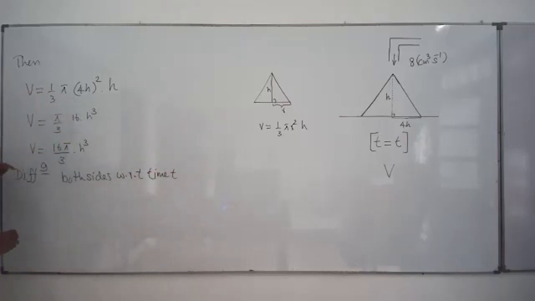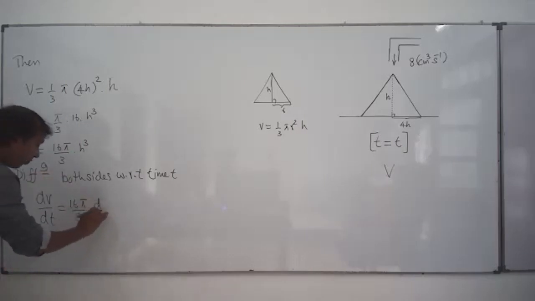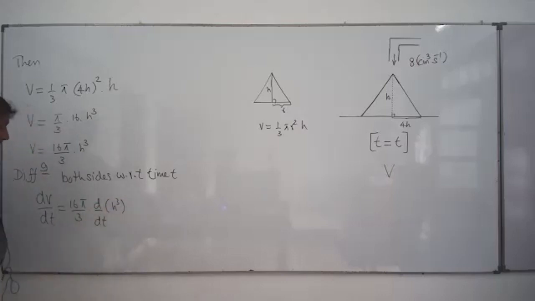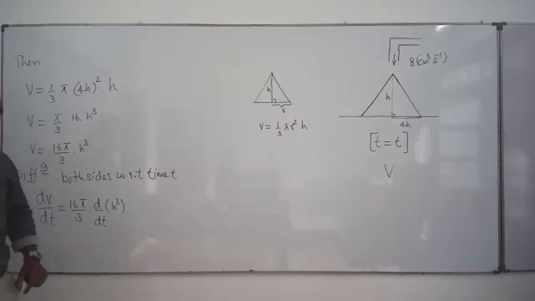What do you get? The left-hand side gives dV by dt. The right-hand side, 16 pi over 3, is a constant, so we keep that here. This h cubed we have to differentiate with respect to time t like this. This is how we write that. Both sides we differentiated with respect to time t.